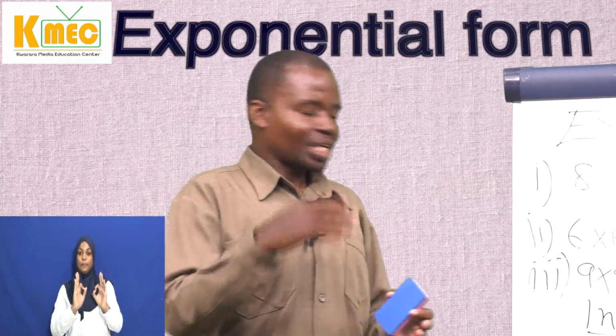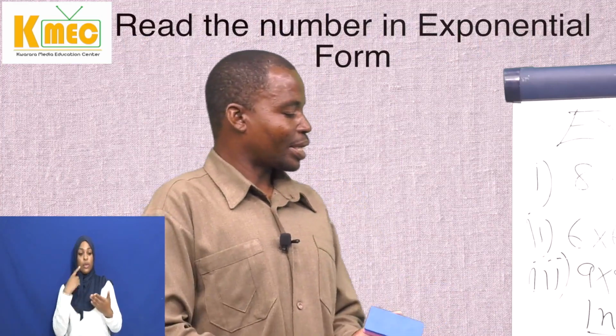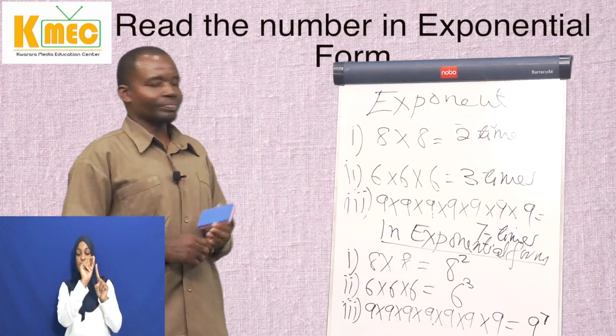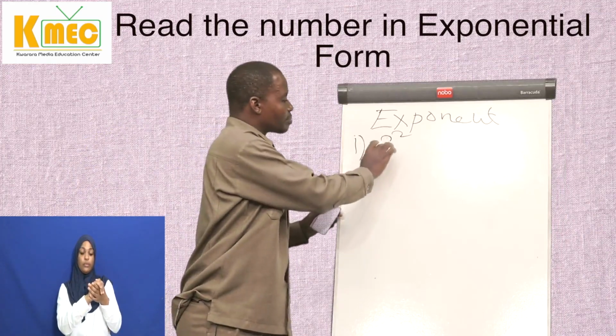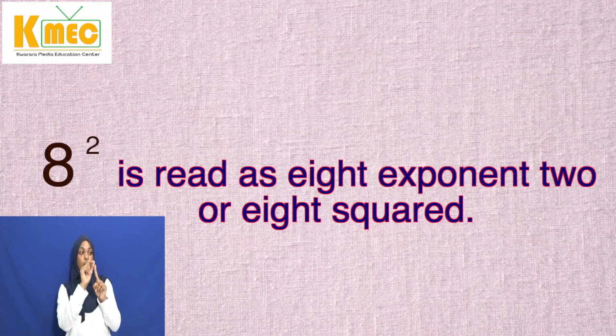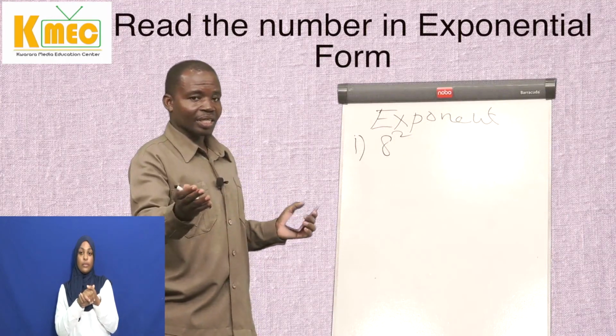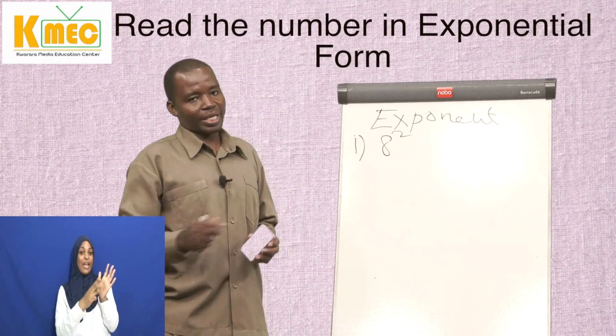So let's go on to see how we read a number in exponential form. How do we read them? It's very, very important. So here, example number 1, 8² is read as 8 exponent 2 or 8 squared.